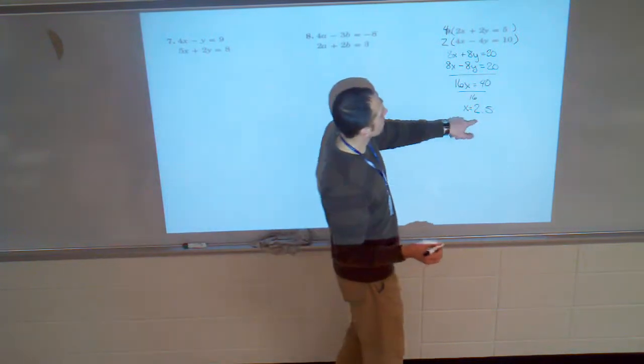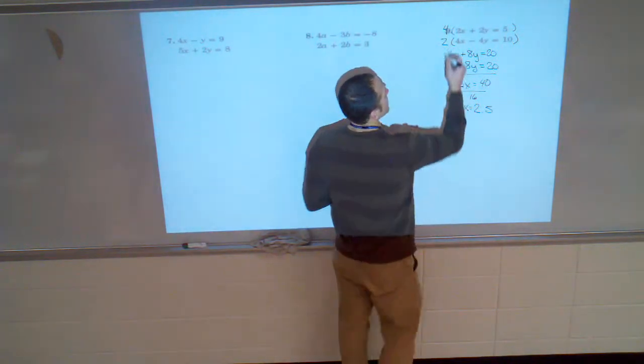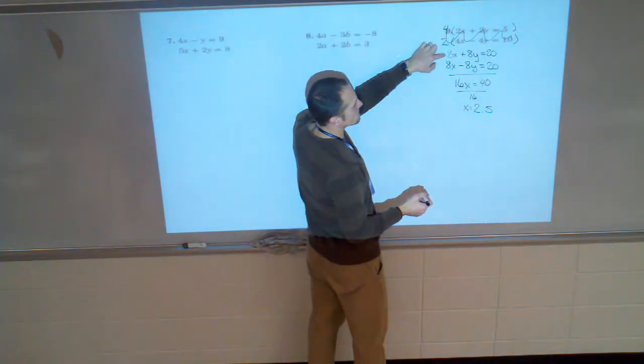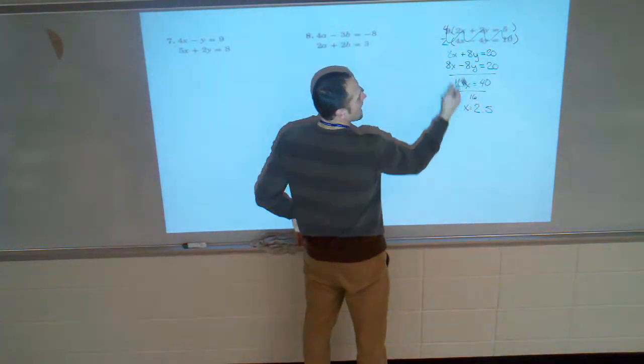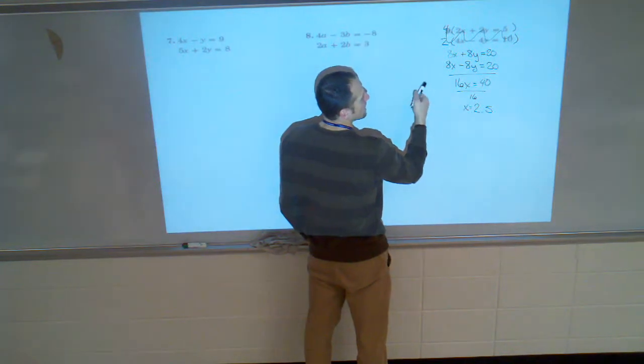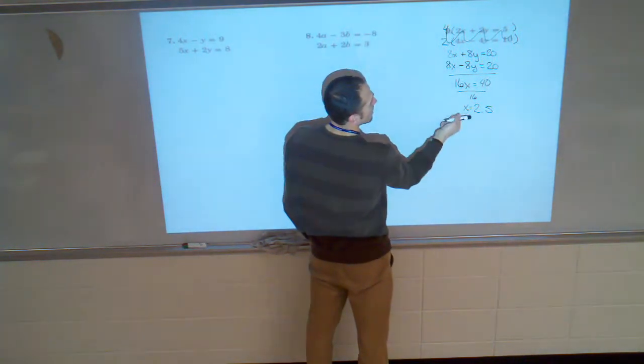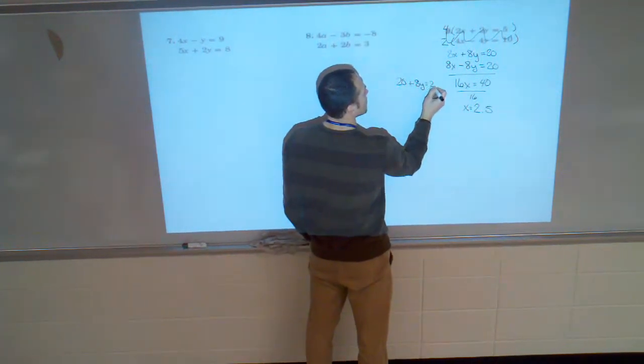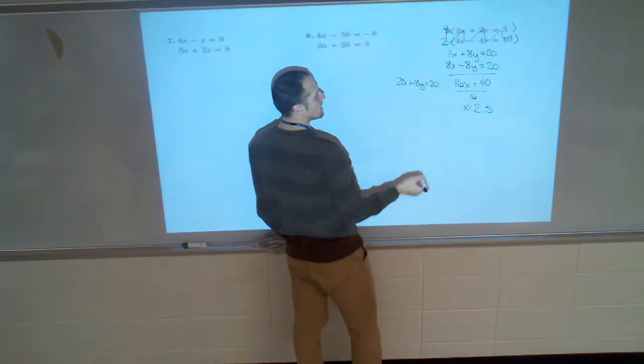Next, bring 2.5 back in for x in either one of these equations. I'll use the top one, it doesn't have negatives. 8 times 2.5 is going to be, what, 20? 20 plus 8y equals 20.